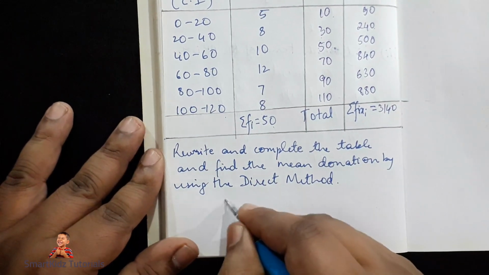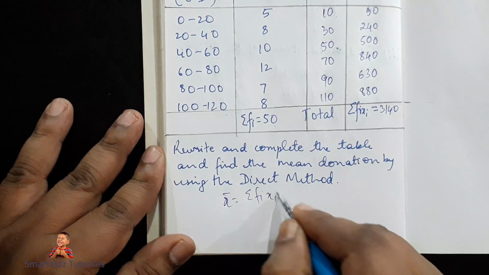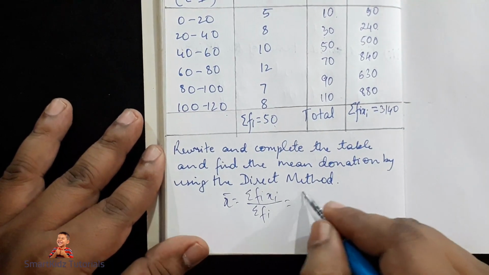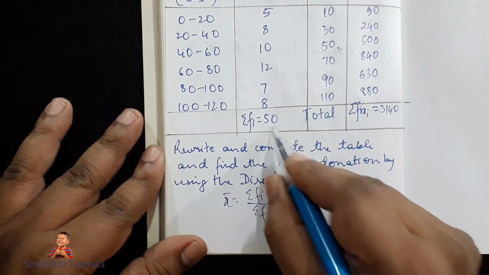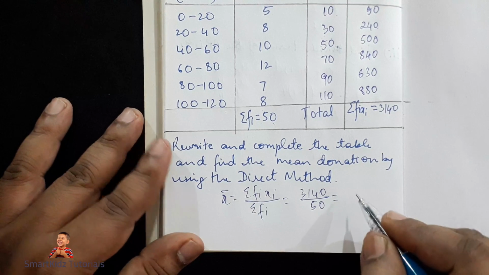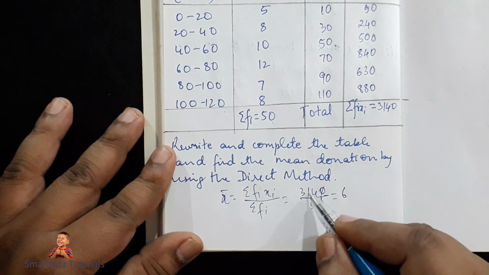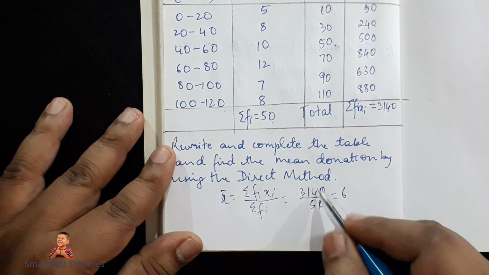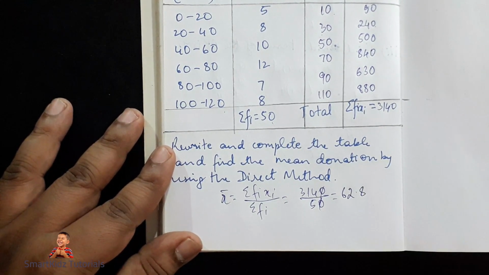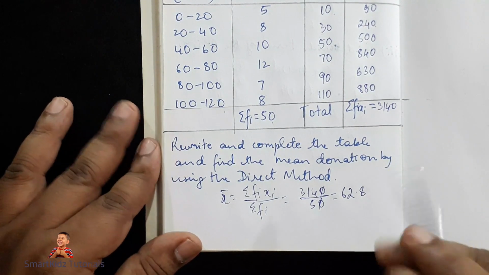This is the formula for mean: summation of fi xi upon summation of fi. So that would be 3140 upon 50, and we cancel the zero, 5 sixes are 30, carry 1, 1 4, 5 twos are 10, carry 4, 5 eights are 40. So our answer is 62.8.